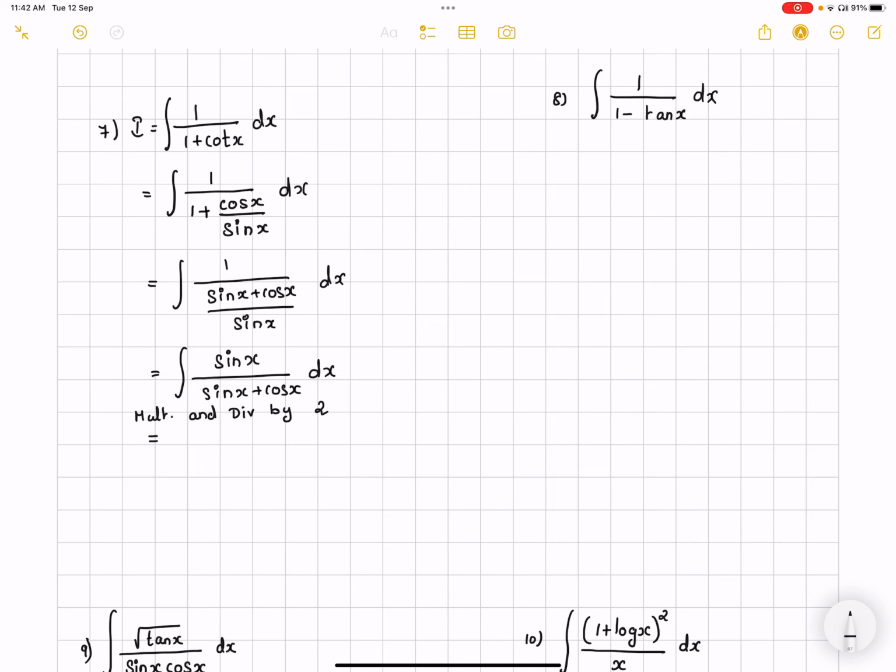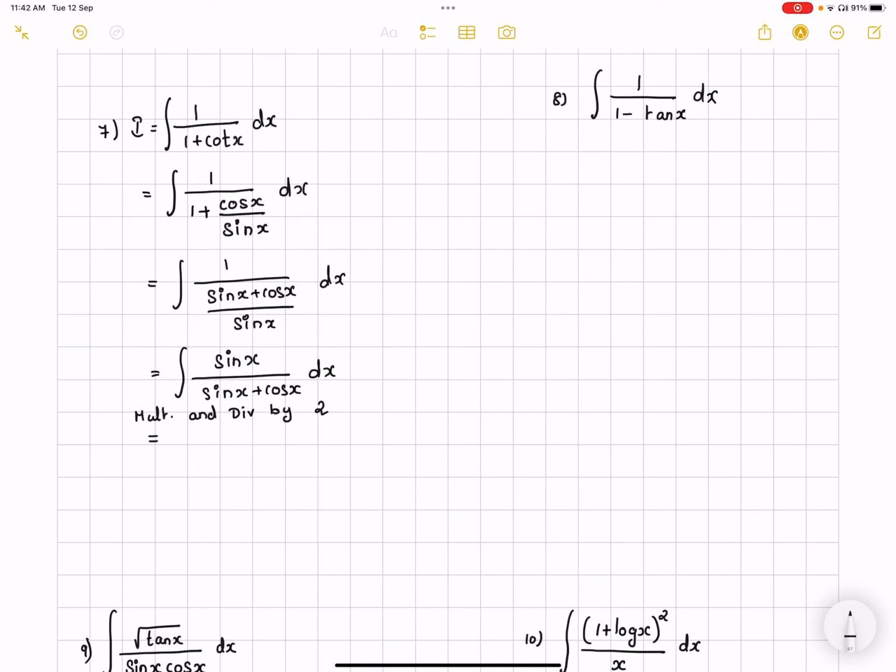We have not seen any formula for integration of tan x, so the next video would be based on that. Without introducing that, I'm not going to introduce anything here. So this one would work. Let's have a check.